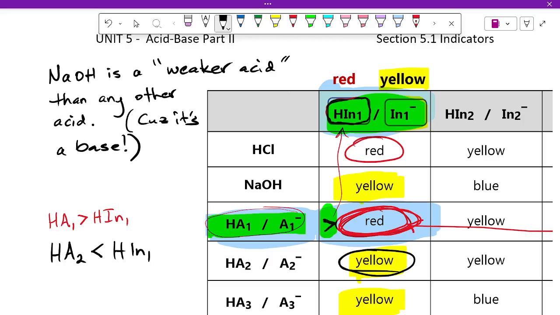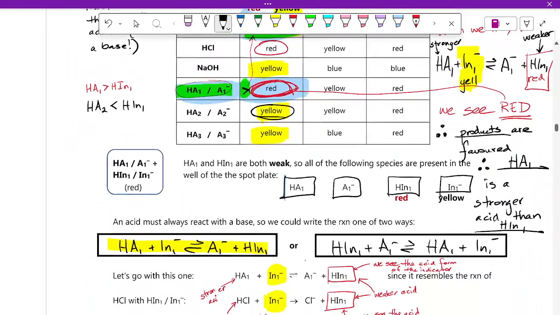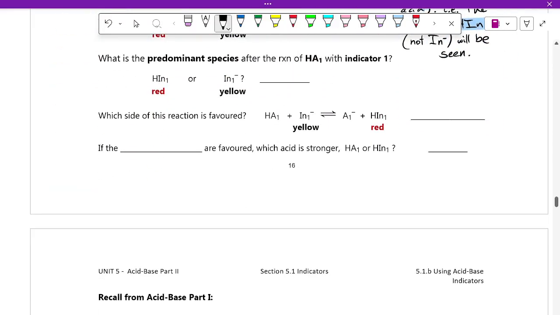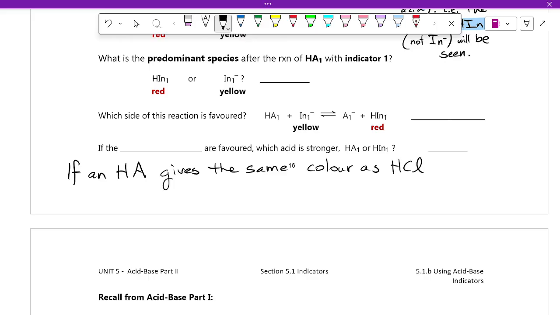So if an HA gives the same color as HCl, it doesn't mean it's as strong as HCl.